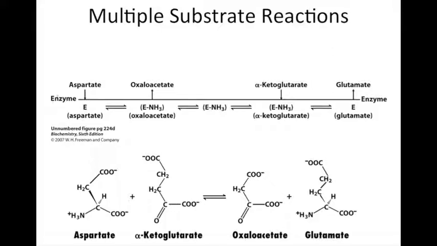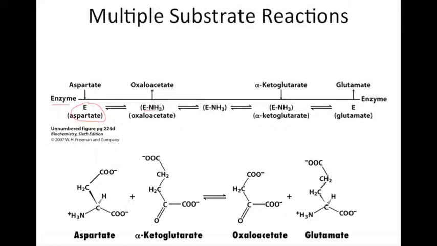We start out with our free enzyme, okay, and then aspartate comes in. Aspartate binds to the enzyme, so we have our enzyme aspartate complex. Then the amino group from aspartate is covalently transferred to the enzyme.